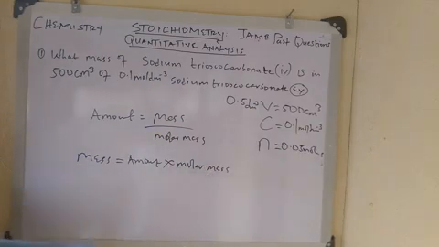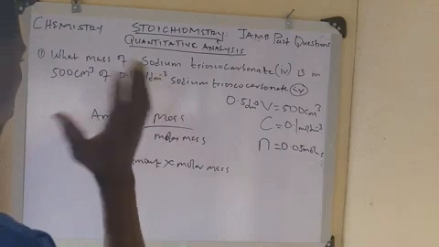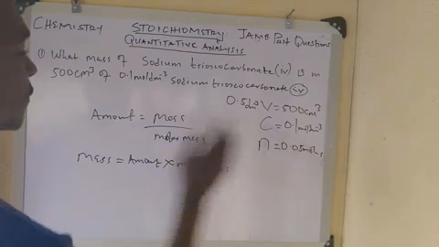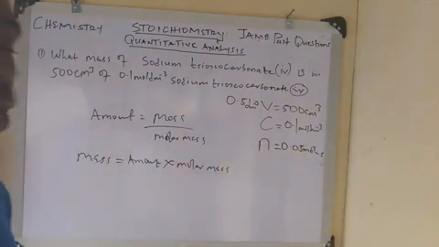If we make mass the subject of the formula, we have amount times molar mass. So now, since our amount is 0.05, how do we calculate our molar mass?